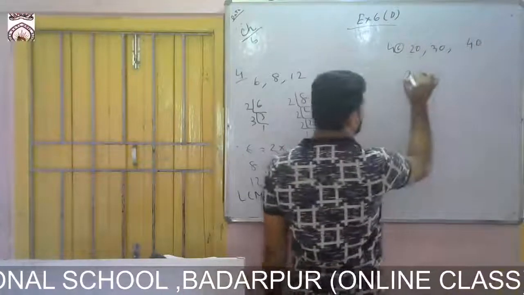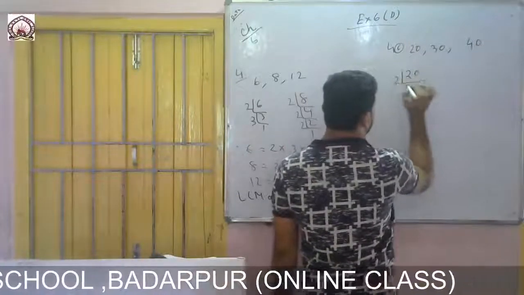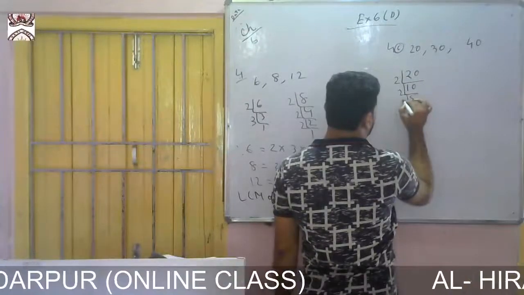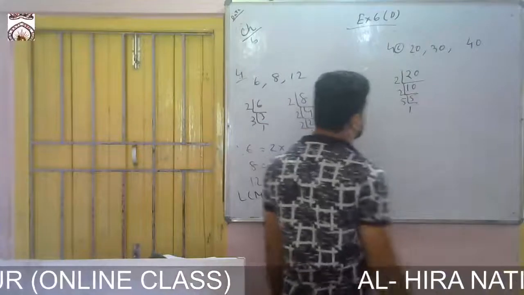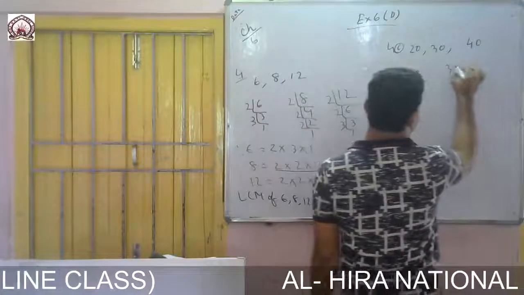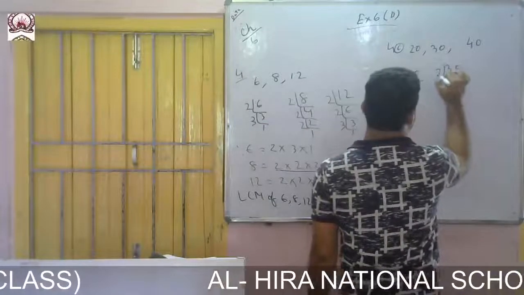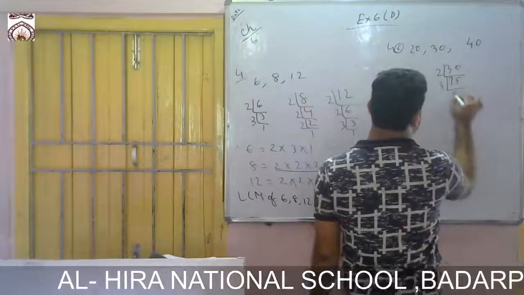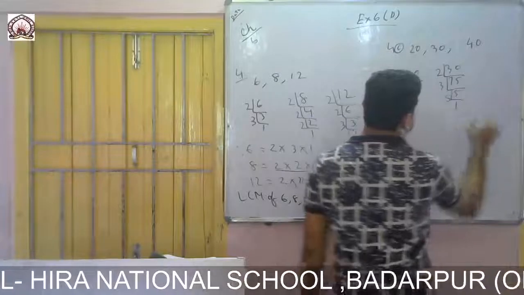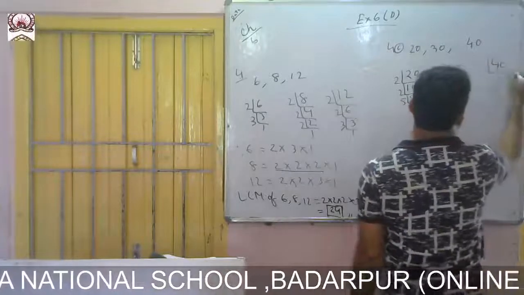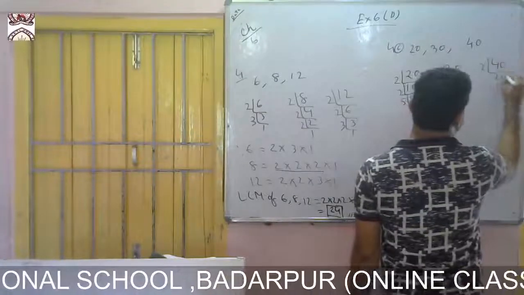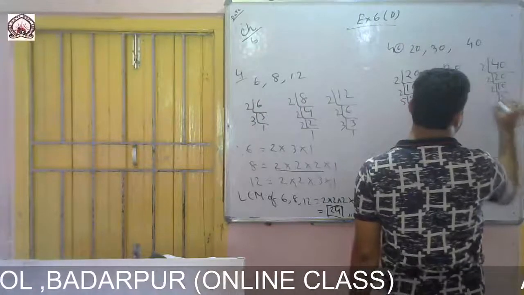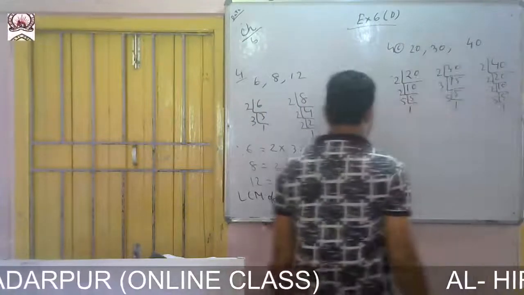So you check 20 with 2: 2 tens are 20, 2 fives are 10, then 5 ones are 5. Then 30: 2 fifteens are 30, then 3 fives are 15, and 5 ones are 5. Then for 40: 2 twenties are 40, 2 tens are 20, 2 fives are 10, and 5 ones are 5.